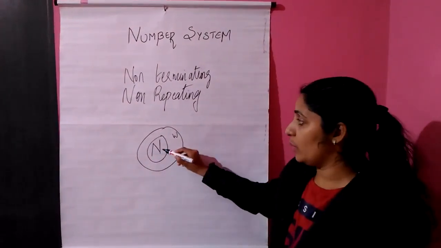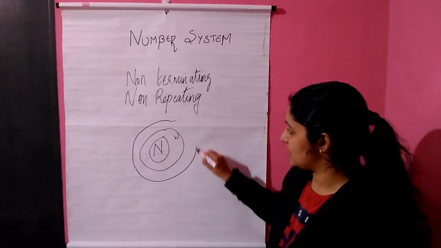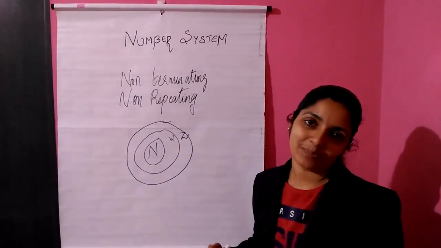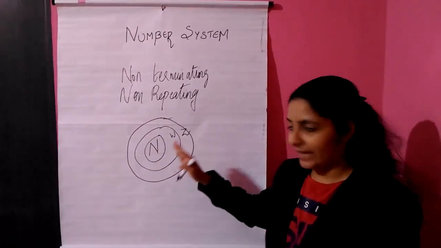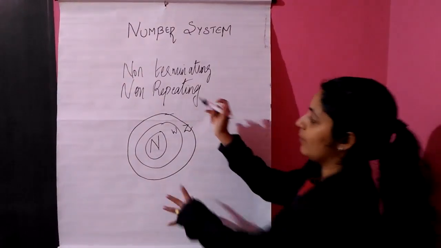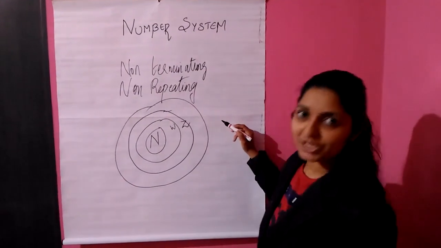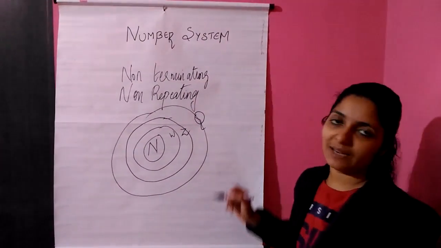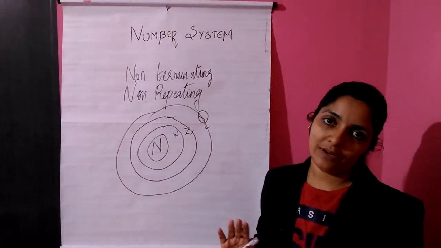Now natural and whole numbers will belong to the bigger set, integers, which is denoted by Z. Positive, negative with 0. So that is integers. So natural numbers, whole numbers and integers will come under the biggest set called rational numbers. Rational numbers are denoted by the capital letter Q.